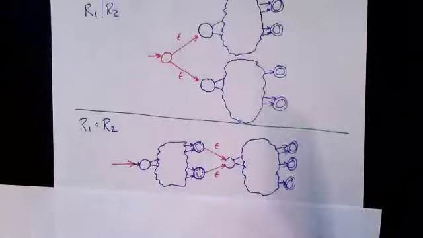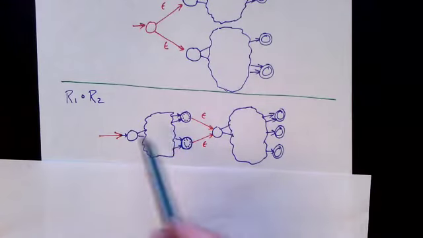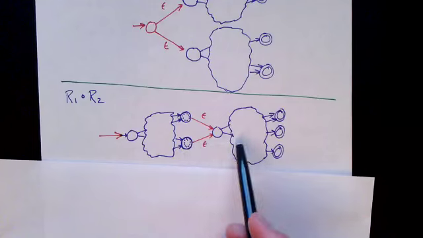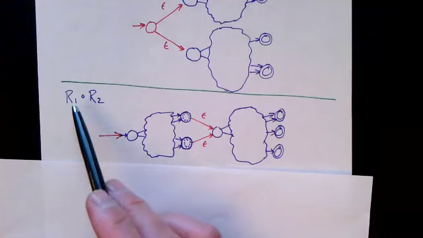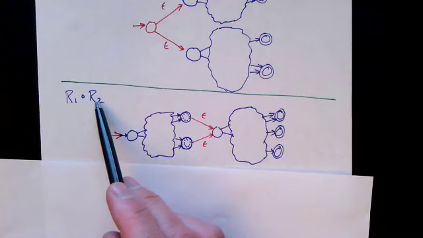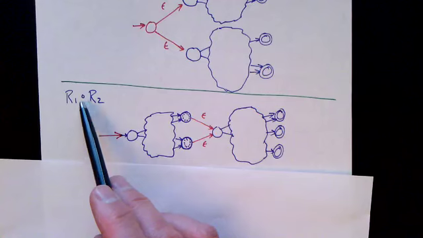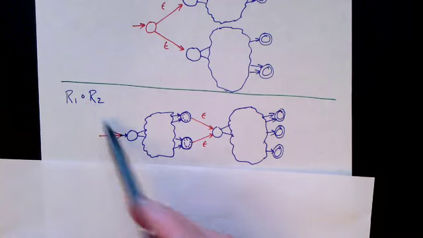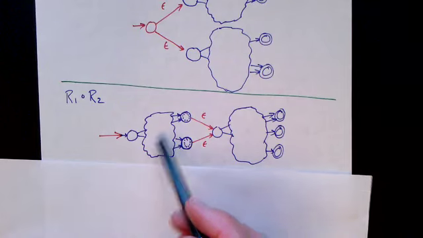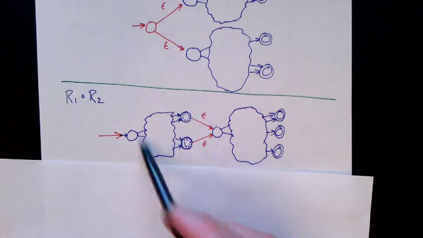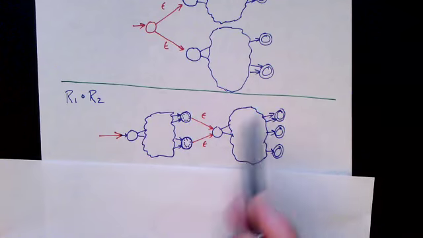Likewise, for the concatenation operation, remember how we join the two machines this way? Well, this is saying if you've got a regular expression that has concatenation as the outermost operation, then you can build a non-deterministic finite state machine to recognize the same language by using the machines for R1 and R2.